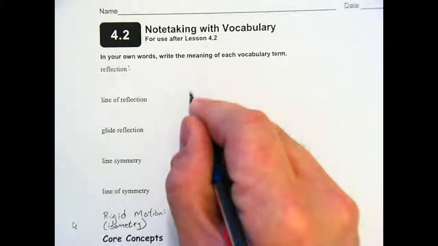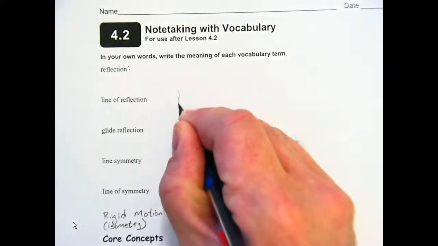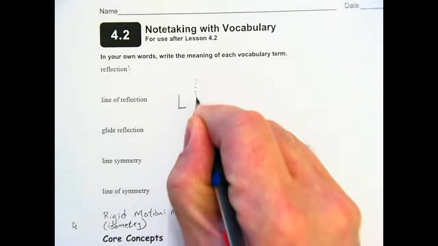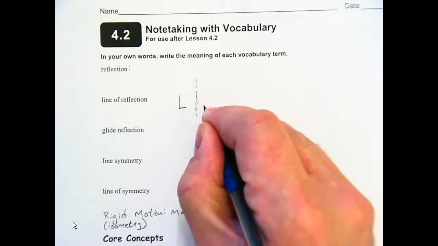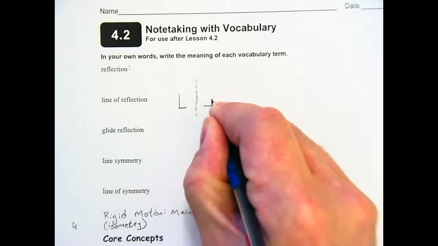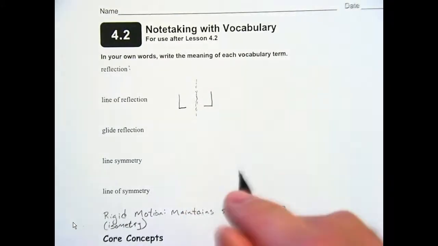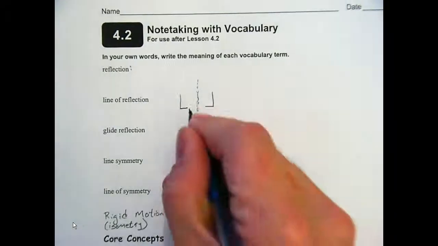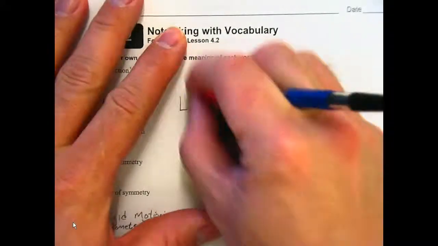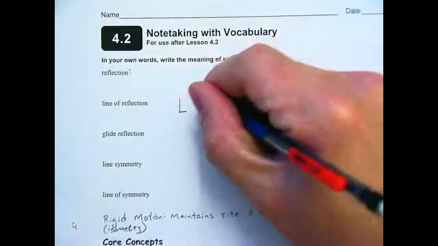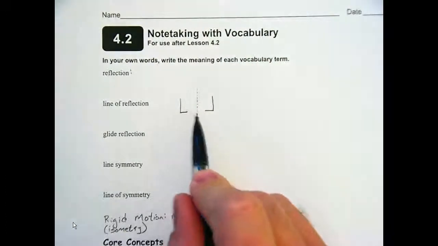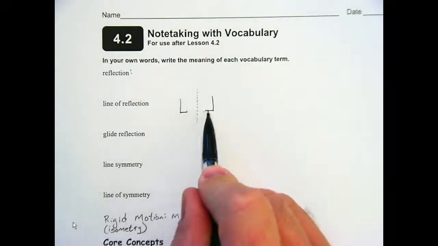So if I had, say, the letter L, and I reflected it across this line, which we'll call the line of reflection, that would give me a backwards letter L. Notice the shape and the size does not change. Okay, the distance of this L, let me make a better line there. The distance of this L from this line is the same distance as this L from that line.